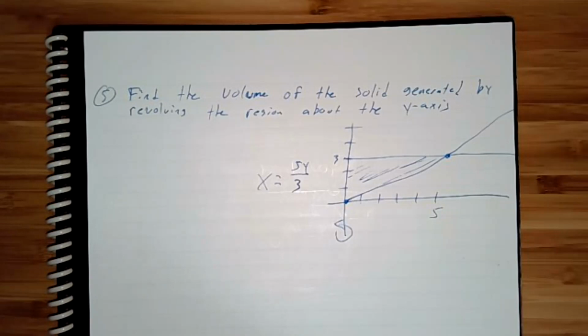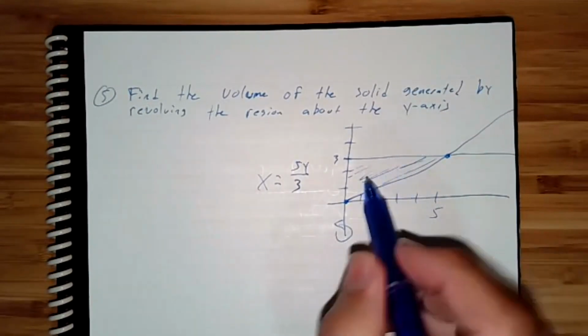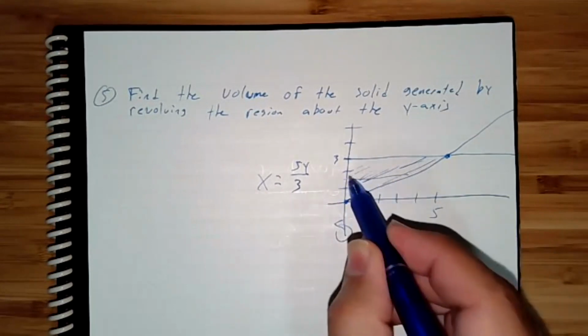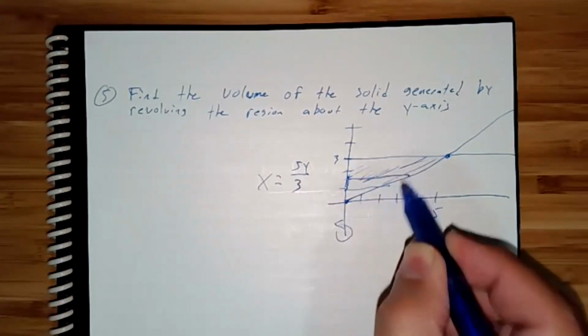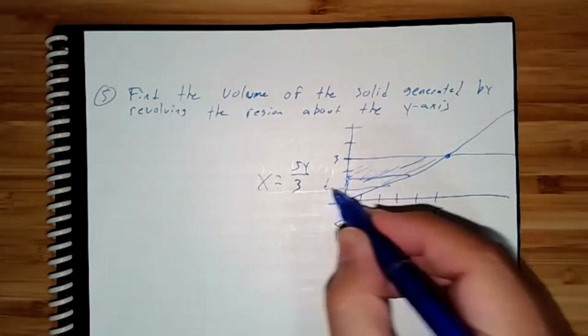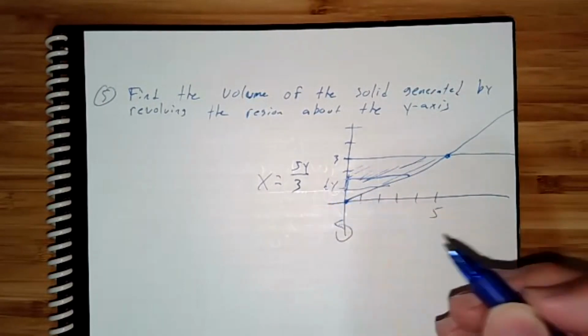It will be the disk. Yeah, if we do this, then we have to slice perpendicular to this, right? So we're gonna go this way, so that's the y.